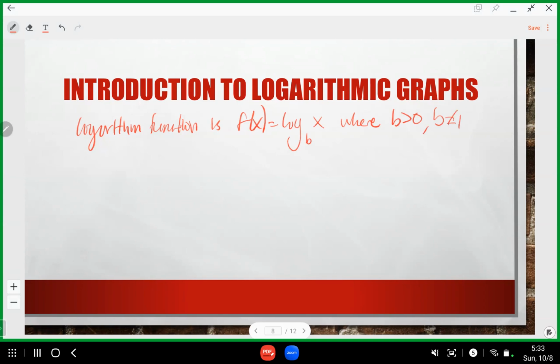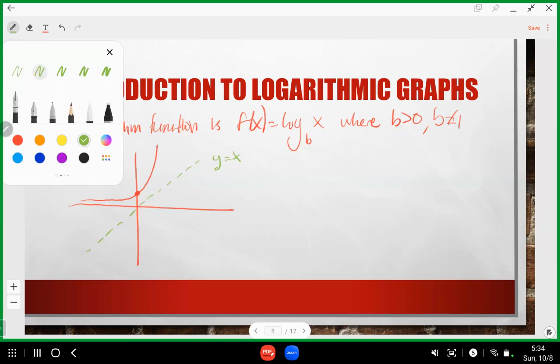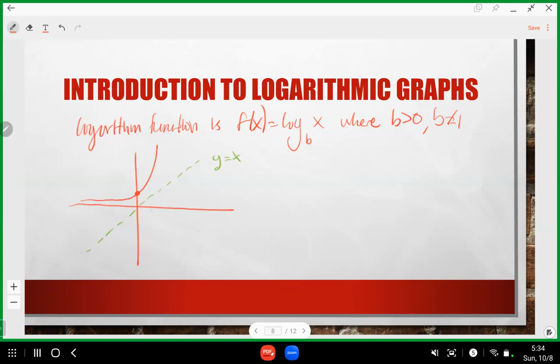Right, so if you look at the graph here, an exponential function would be like this. So does everybody remember when you have an inverse, you reflect the graph over the line y is equal to x? So the logarithm graph will look like this. The reference point is not 0, 1 anymore, it is 1, 0.